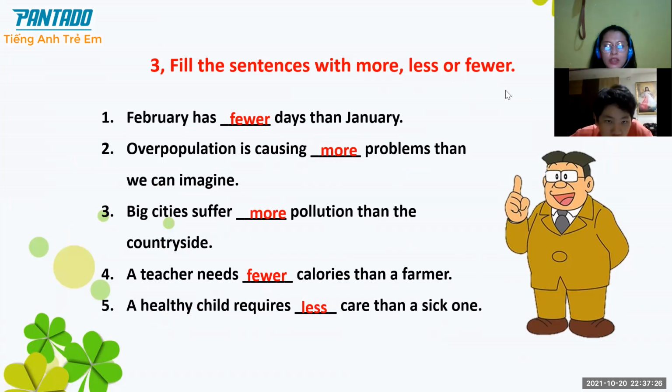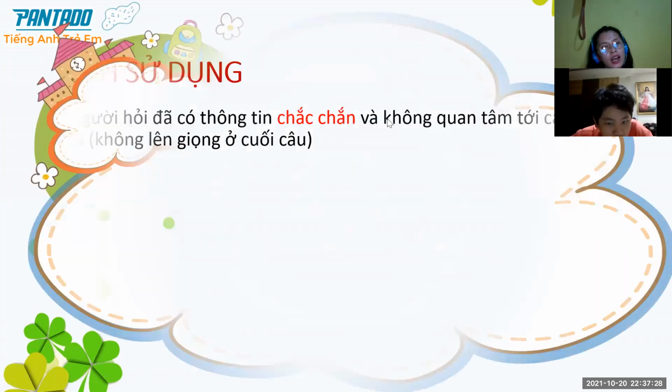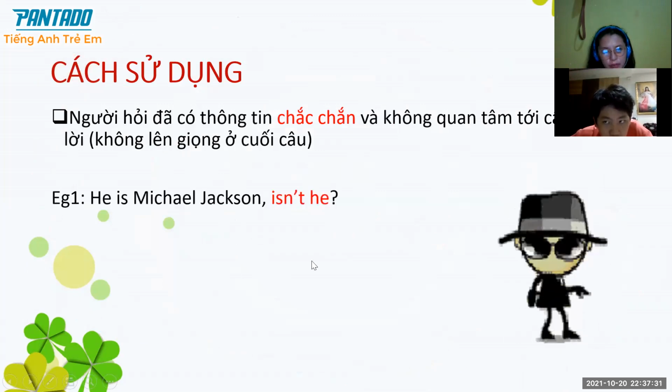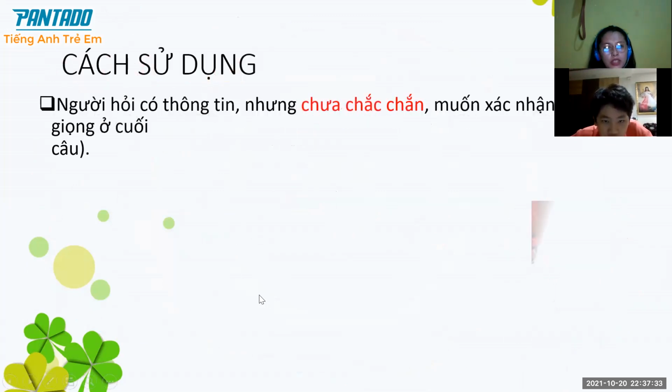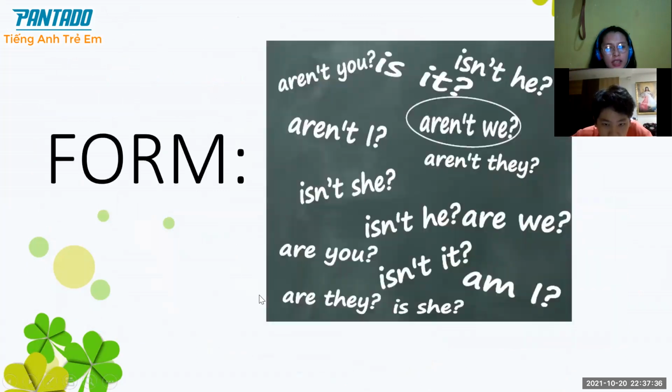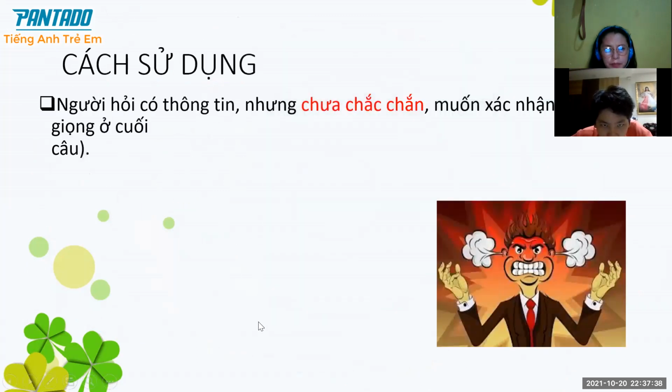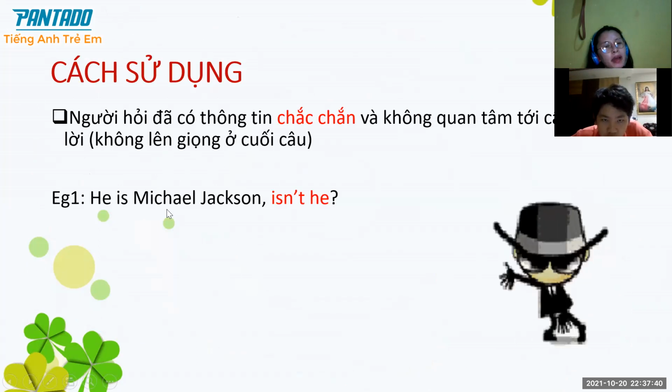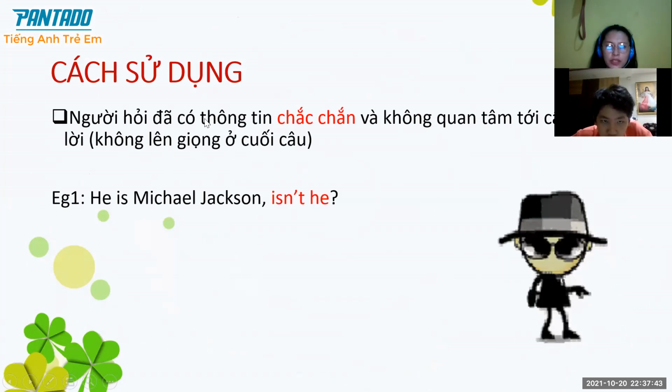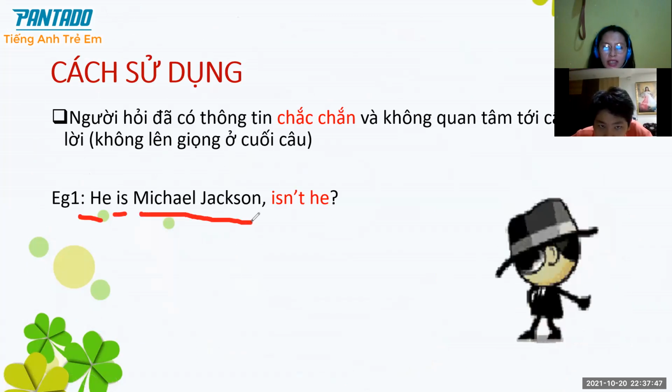Okay, here, another one is all about tag questions. As you can see, for example, he is Michael Jackson. The sentence is positive because there's no not. In the tag question, it will become negative. So isn't he.